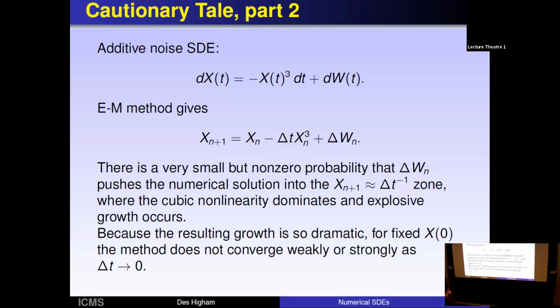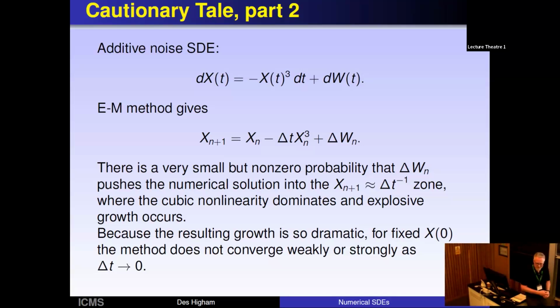There's a very tiny chance that you get a big number. When you ask your computer for a Gaussian sample, there's a very tiny chance it gives you some ridiculously large or small number. So there's a very tiny chance that you get into this regime where Euler can no longer cope with the nonlinearity and you get this growth.